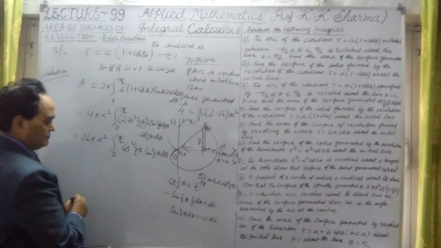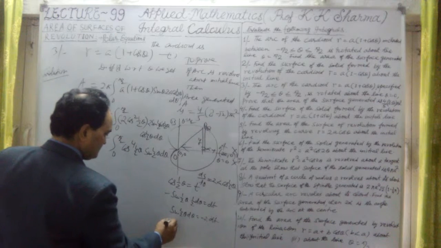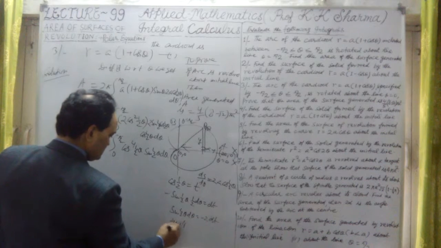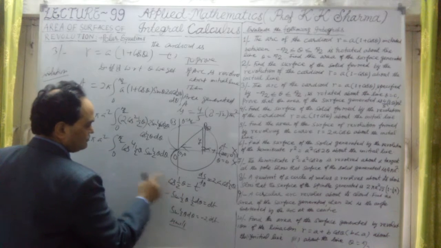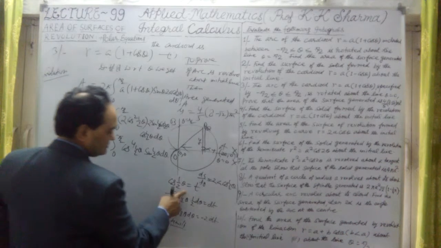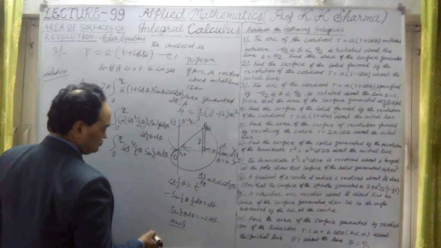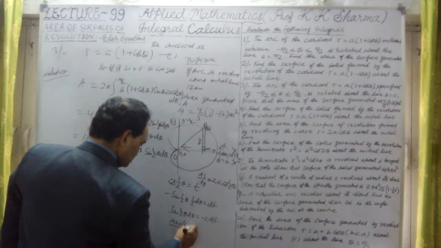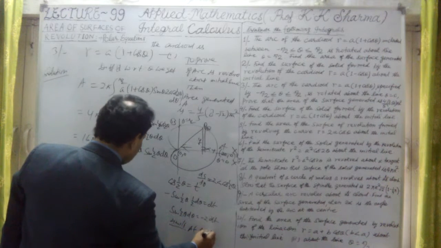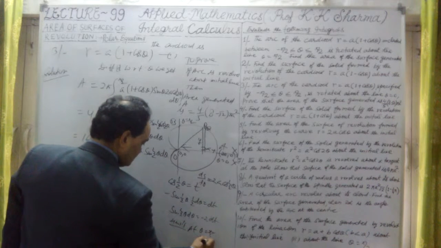This is the value here, minus sign. What are the limits here? Limits, when I put pi by 2, it is pi by 4 here. It is pi by 4. So cos pi by 4 is again 1 by root 2. At theta equal to pi by 2, t is equal to 1 by root 2.